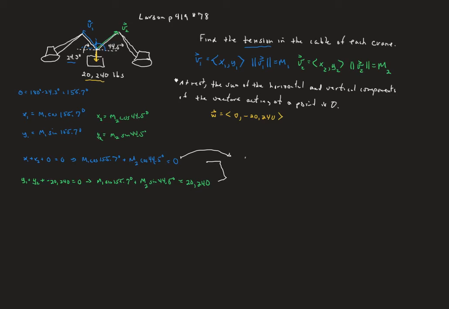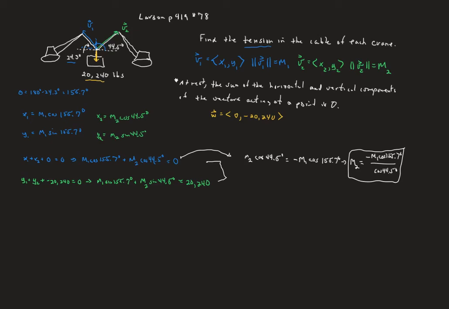So m2 cosine of 44.5 degrees is going to equal a negative m1 cosine of 155.7 degrees. Then I'm going to divide by that cosine of 44.5, so m2 is equal to a negative m1 cosine of 155.7 degrees divided by the cosine of 44.5 degrees. Now I'm going to save that for a moment, not for long.